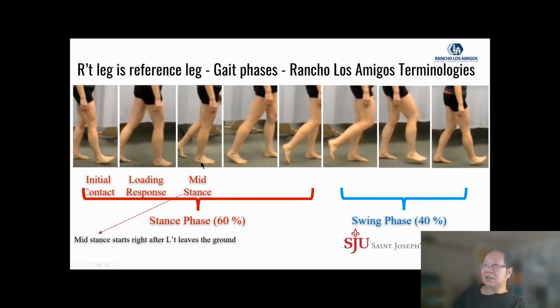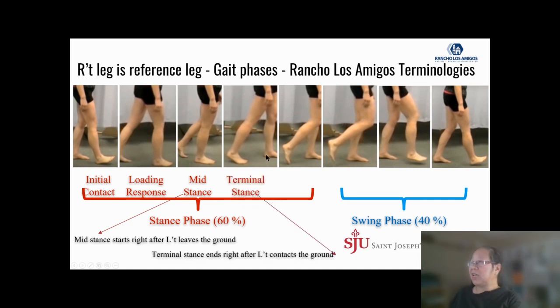So mid stance starts with the left side lifting off the ground. So lifting, and then the left side starts to swing. Terminal stance ends when the left side contacts the ground.